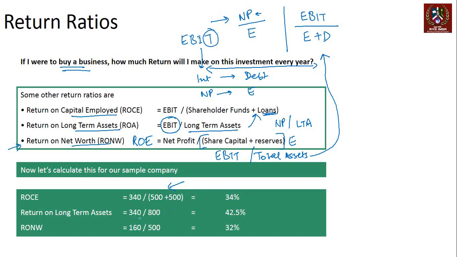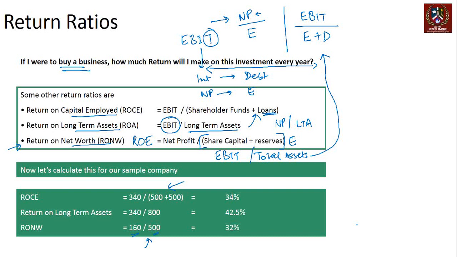Return on long-term assets is 340 by 800, that's 42.5%. And return on net worth is the net profit, which is 160, divided by shareholder equity, which is 500. So 32%. They look like healthy numbers, but once again, we don't really get a handle on whether they are good, bad, improving, diminishing. What is the data around that? That we will only get once we have comparison points.